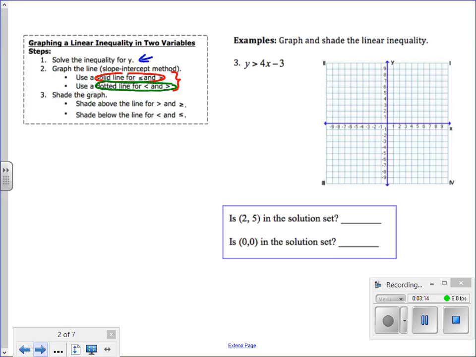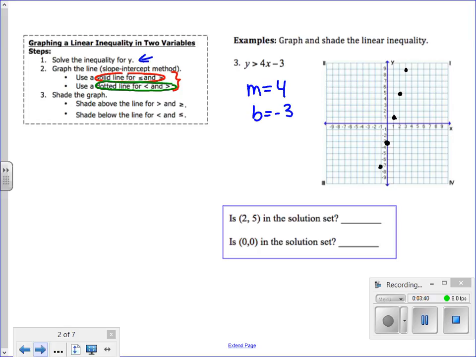So example 3 here, this inequality is already solved for y. So I can go ahead and graph my equation knowing that the slope is 4 and the y-intercept is -3. So if I go to -3, that's my y-intercept, and I'm going to go up 4 over 1. All right, 1, 2, 3, 4 over 1.